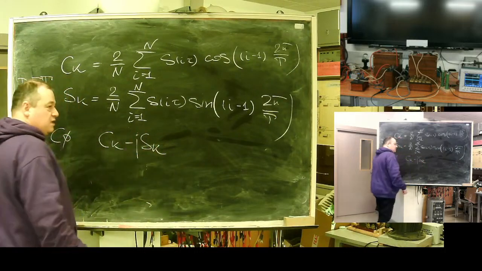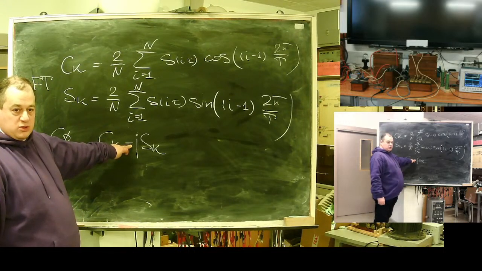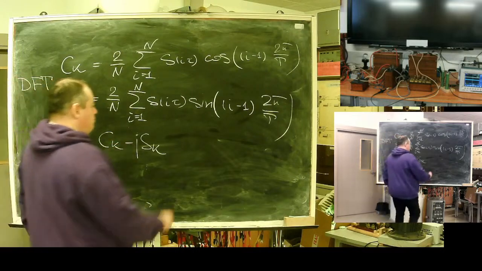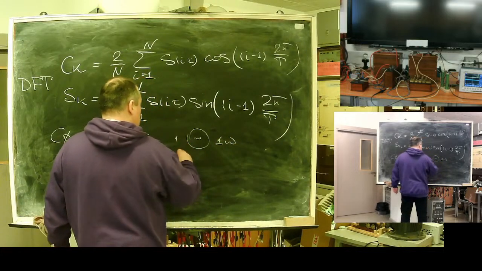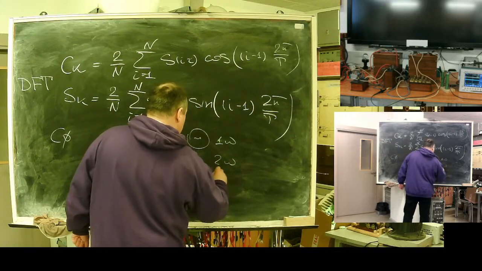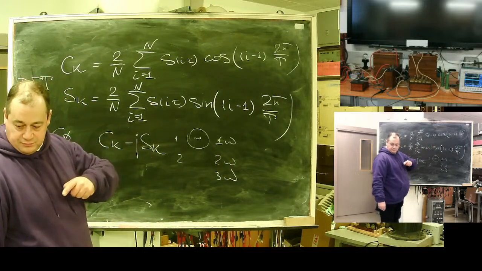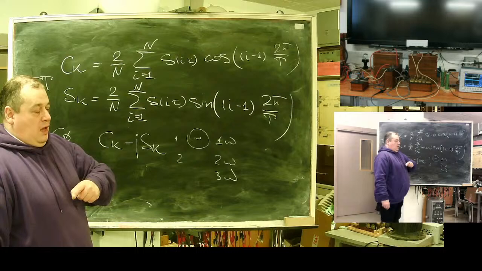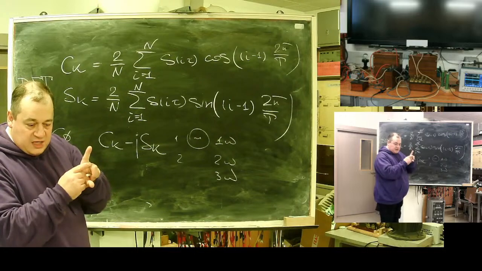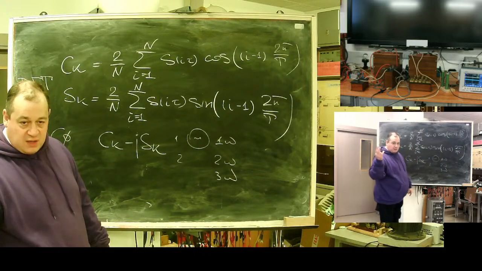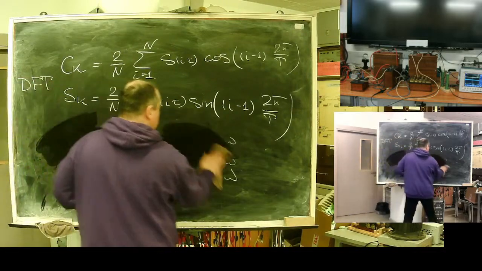If I want to use electrotechnics theory, I need to take a minus here because of cosine. These will be at omega for number 1, double for double frequency, triple frequency, and so on. They will be a kind of progression. Base frequency, double frequency, triple, quadruple, and so on. Ideal currents.